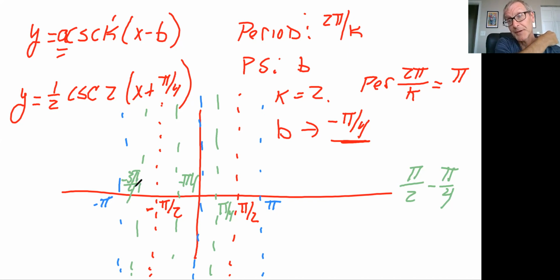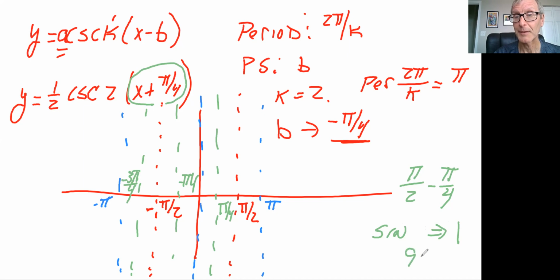And so the last thing is, where is our start point? Well, with regards to our start point, remember that our start point occurs when sine of that value equals 1. So you're looking for what's inside of the argument for cosecant, where that's going to occur at 1, at 90 degrees, and that would be pi over 2 in radians.